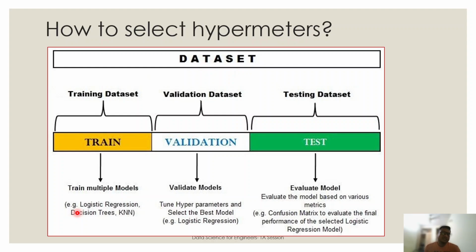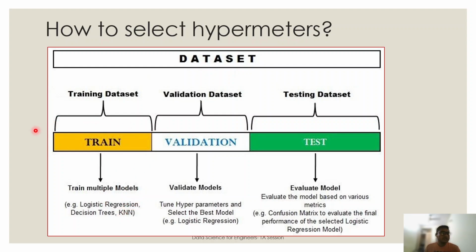For example a logistic regression or decision tree. Once this is trained, we will tune the hyperparameter. For this trained logistic regression model, we will validate, and in the case of a decision tree, how many layers I want to go in, or in k nearest neighbor, how many nearest neighbors I want to choose.